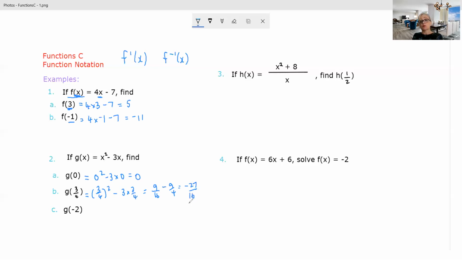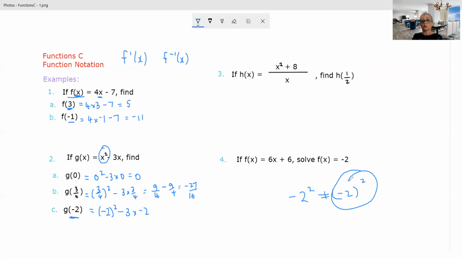You can leave it as an improper fraction or change it to a mixed number. It's up to you. Be careful with negatives here. We're squaring our x. So when we set this out, in our substitution step, we need to put brackets around our negative 2. Why do we need to do that? Well, negative 2 squared is not the same as (negative 2) squared.